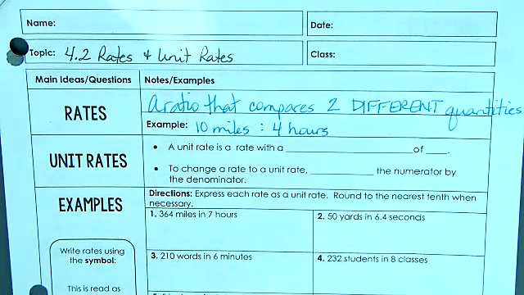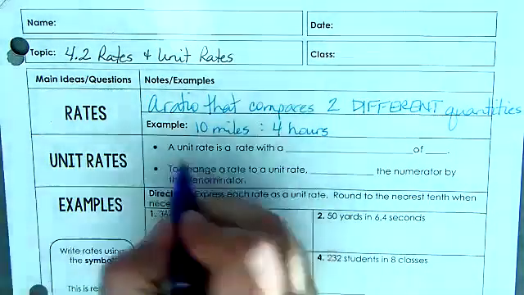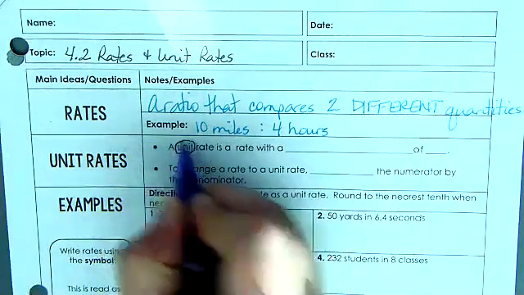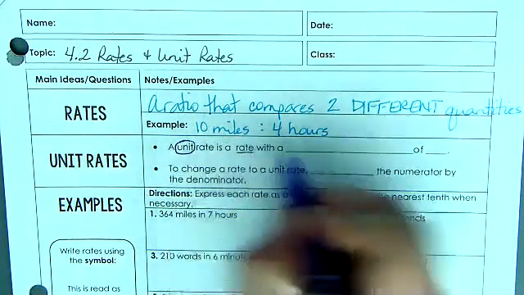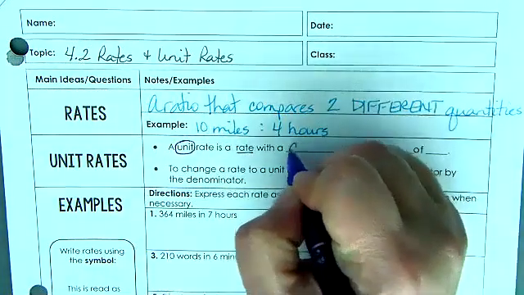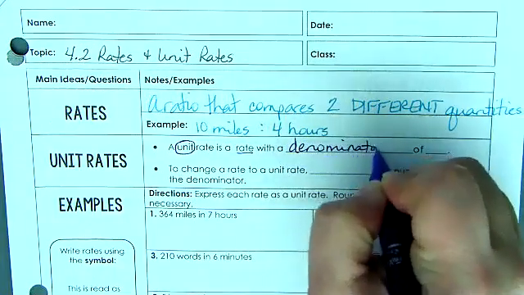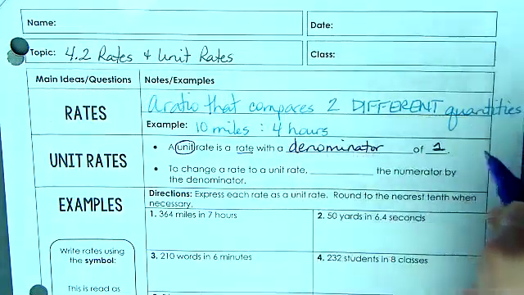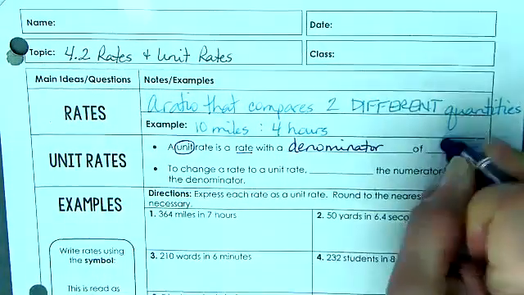And within a rate, you have a specific type, which is the unit rate. The big thing with a unit rate is it is a rate with a denominator of 1.